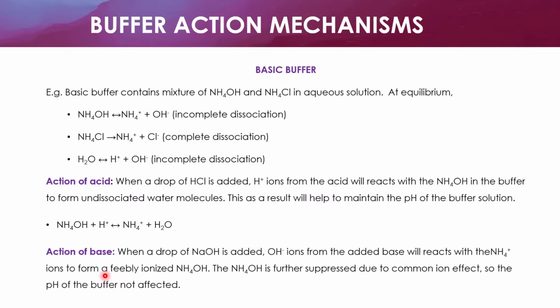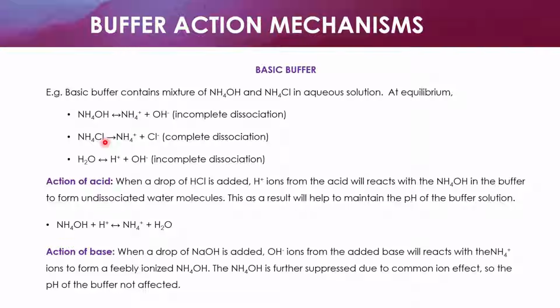Basic buffer. Taking the basic buffer containing the mixture of ammonium hydroxide and ammonium chloride in aqueous solution. At equilibrium, the ammonium hydroxide, which is a weak base, will undergo an incomplete dissociation to form ammonium ions and OH ions.